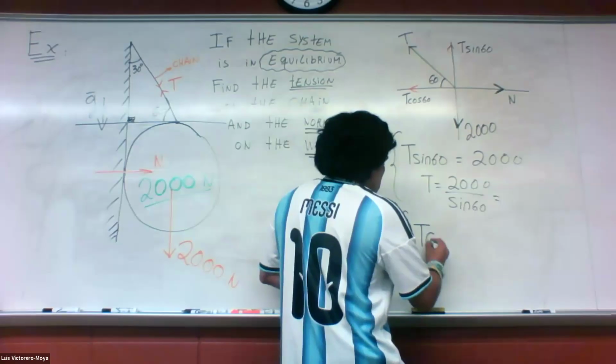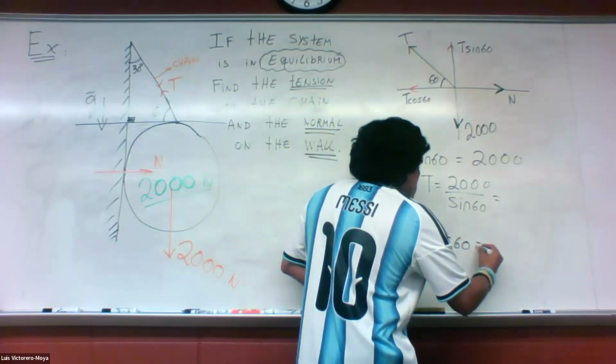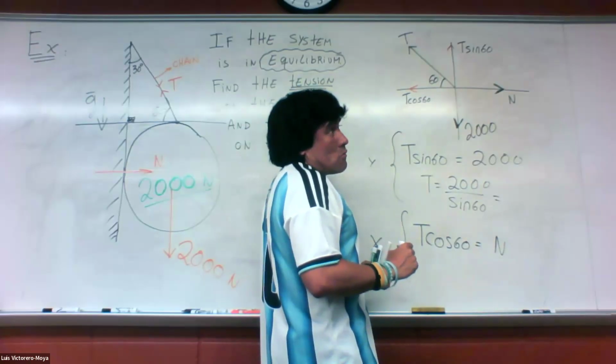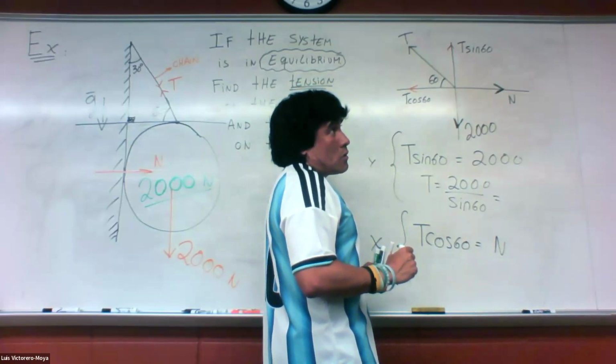T cosine 60 is equal to the normal force, which is what you're being asked. What's 2000 over sine 60? I got 2,309.4.